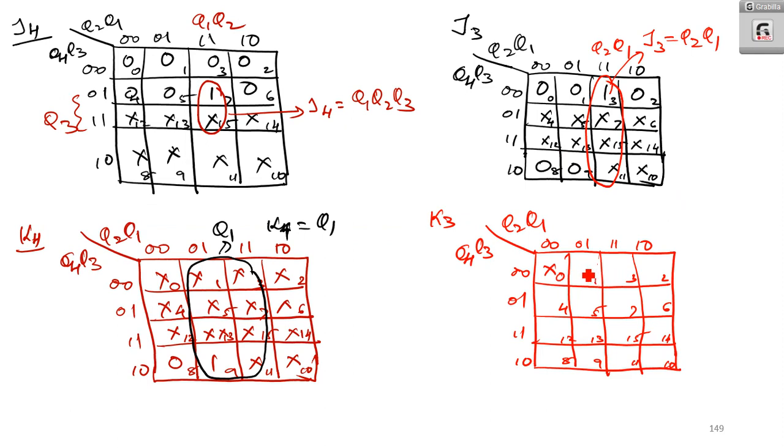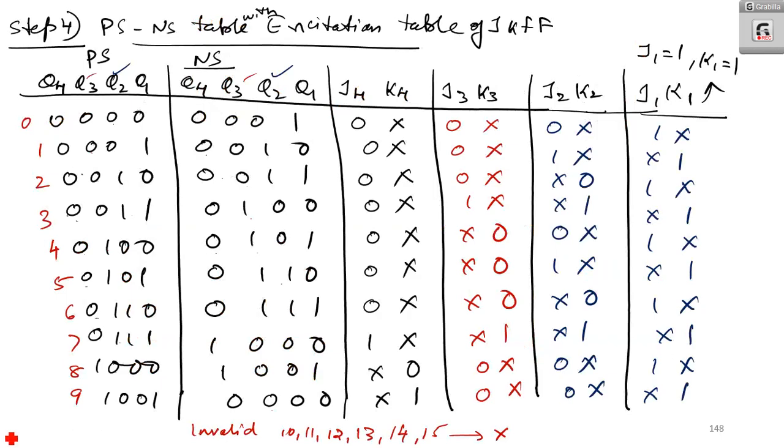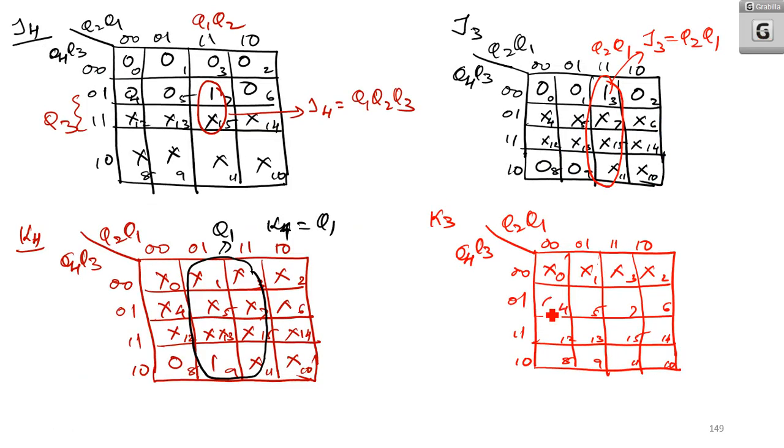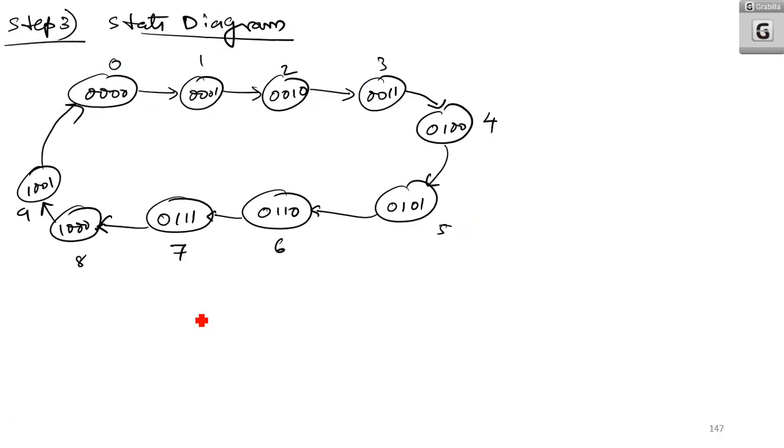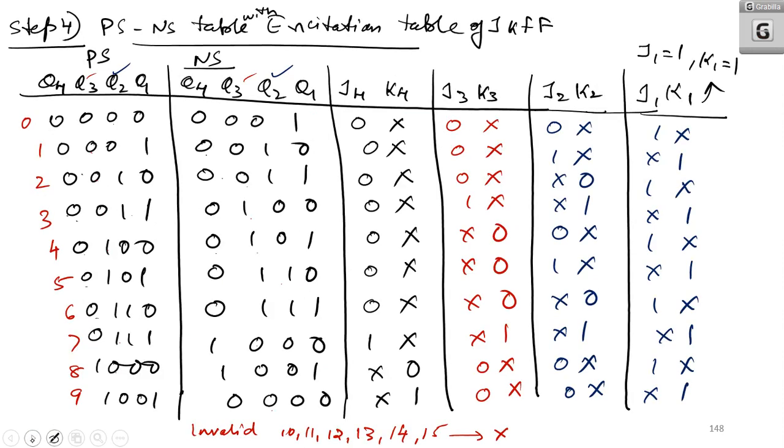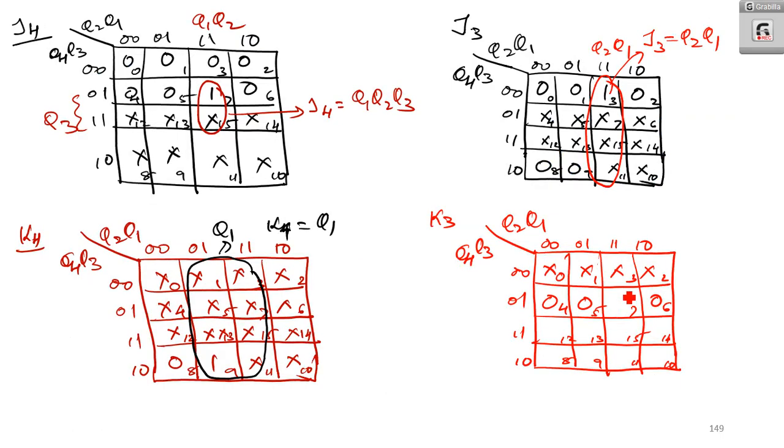Cells 4, 5 and 6 are 0. Cell 7 is 1, 8 and 9 are don't care, and all others are also don't care.